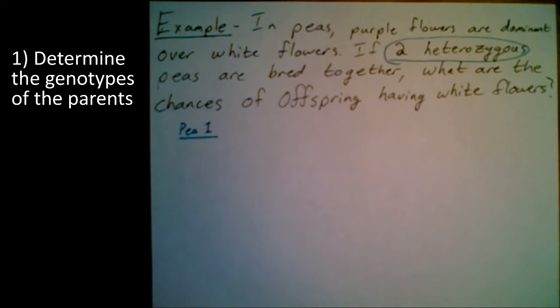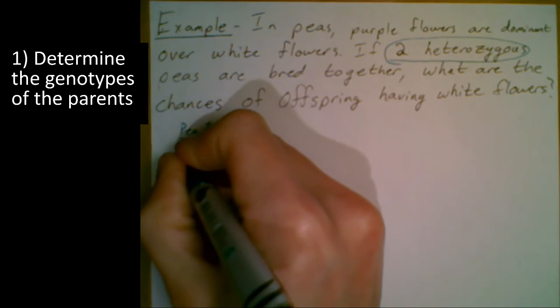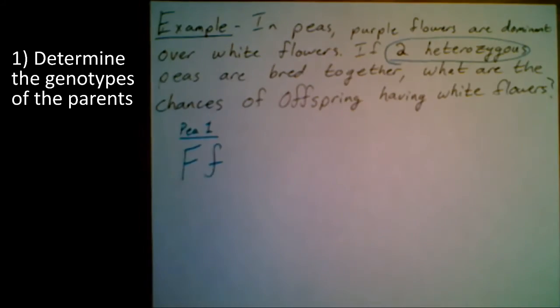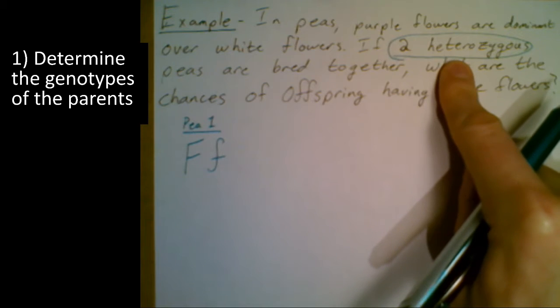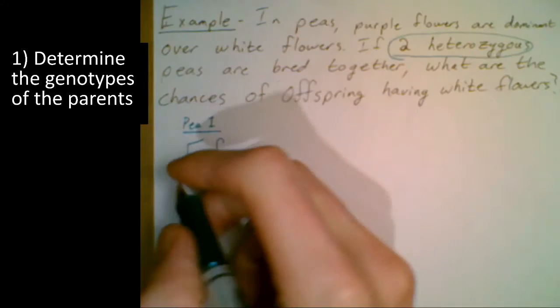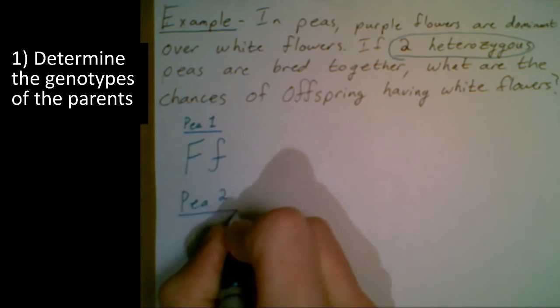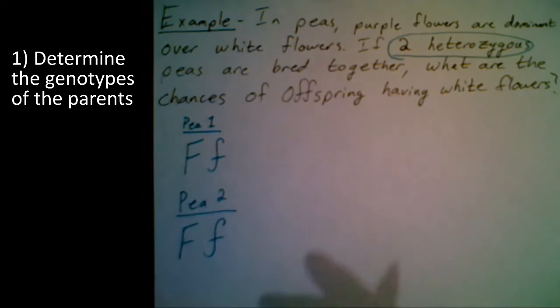I'm just going to use F to talk about flower color as my letter. So the way that I would write this is one capital, one lowercase, to show that it has a heterozygous trait. Now, there is a second P, P number 2, which is also heterozygous.